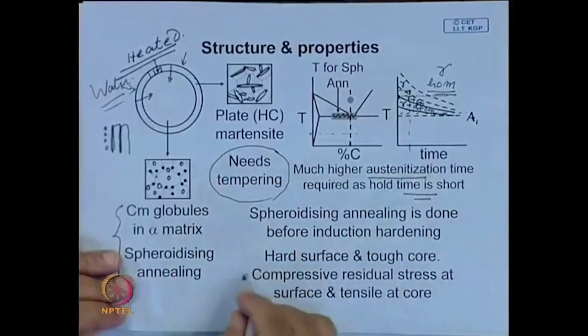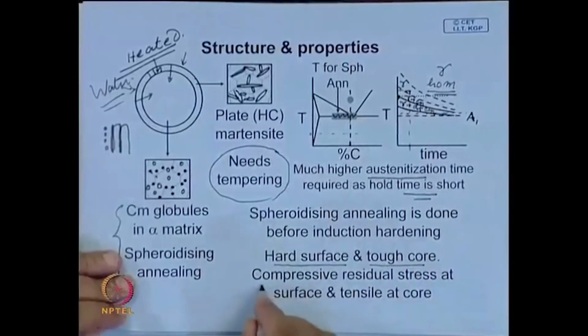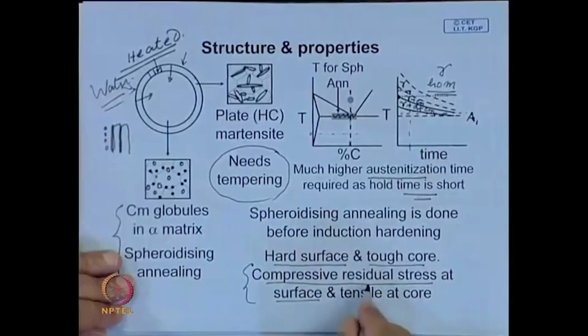And when you do this, we will see later also, not only do you develop a hard surface and tough core, but you also develop compressive residual stress at the surface. Whenever residual stresses develop in a component because of local plastic deformation, and in a region you have compressive stress, there must be a region with tensile stress.